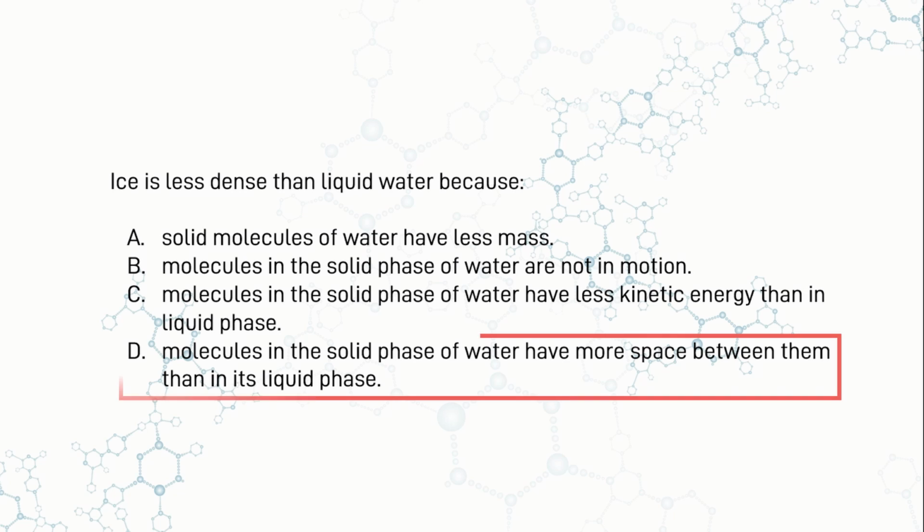The correct answer is letter D. If your answer is not letter D, then take a look back on the image of water molecules in ice and water molecules in liquid water.